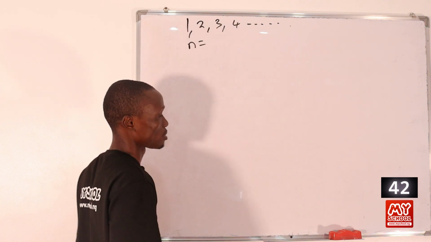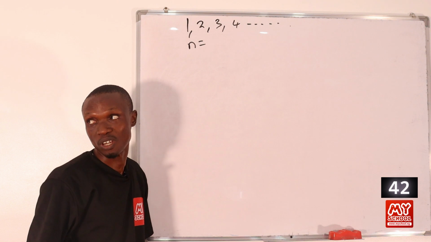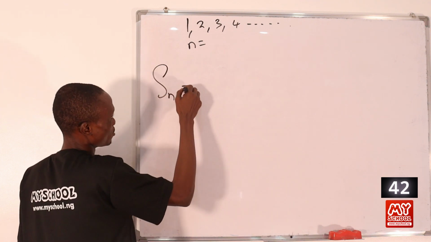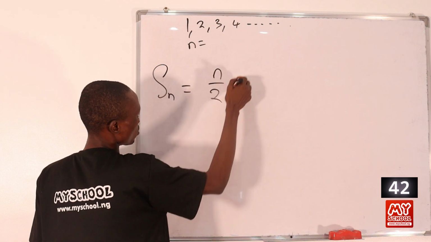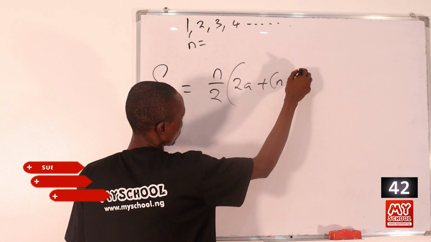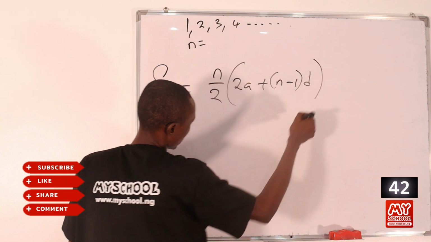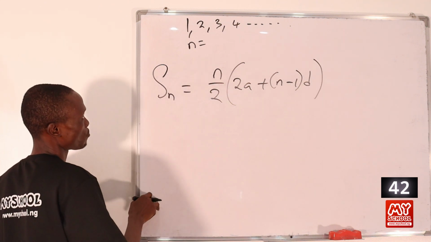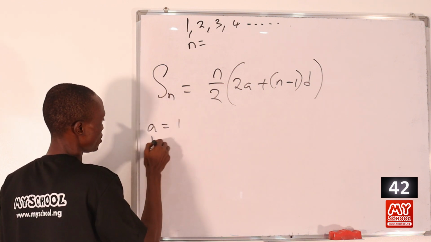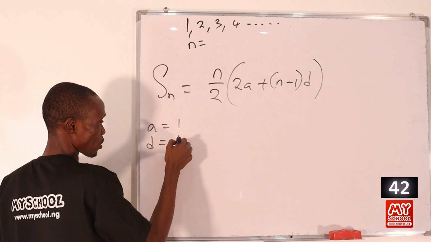Now if we are to calculate the sum of the first n positive integers, we are going to be using S_n is equal to n over 2 bracket open 2a plus n minus 1 bracket close d, then bracket close. Okay, so here the first term is equal to 1, that is a is equal to 1 and d is equal to 1 also.